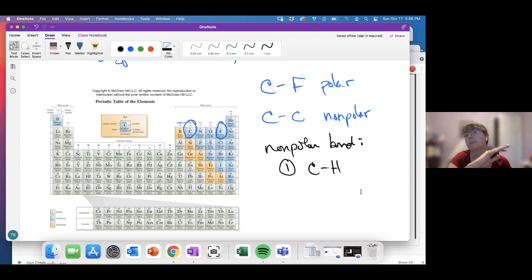I am telling you, both as someone who writes your exams and as a person who lives in the world, polarity of molecules usually revolves around water. I don't know if you've ever tried to get butter, grease, or oil of any sort off of your hands with just water. It doesn't work. Butter, oil, and grease are made up of basically nothing but carbons and hydrogens, and they don't mix with water.